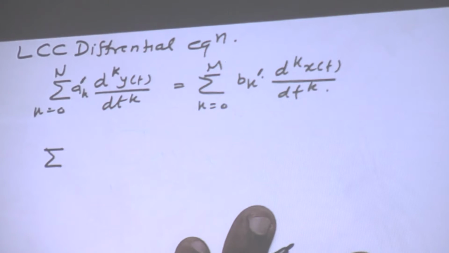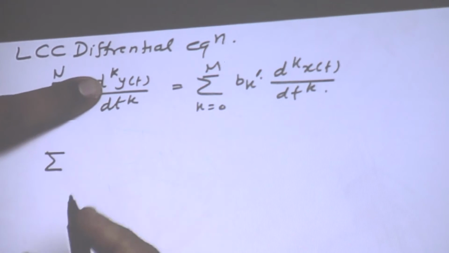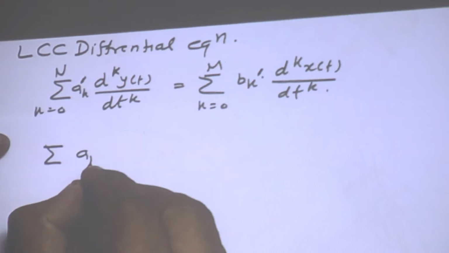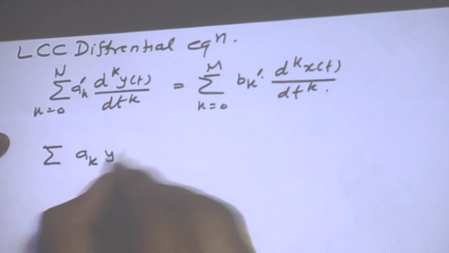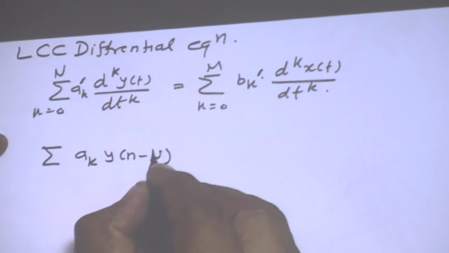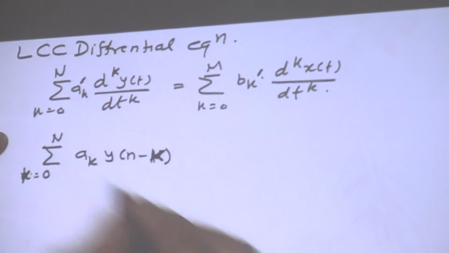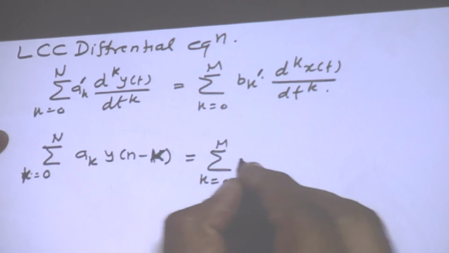Like this, the summation is from 0 to N. So we have an nth order differential which will be converted to an nth order difference. I combine all y of n, y of n minus 1, y of n minus 2. How many such terms will there be? Capital N. So the sum of ak times y of n minus k, k going from 0 to capital N, is equal to the summation of k going from 0 to M of bk times x of n minus k.